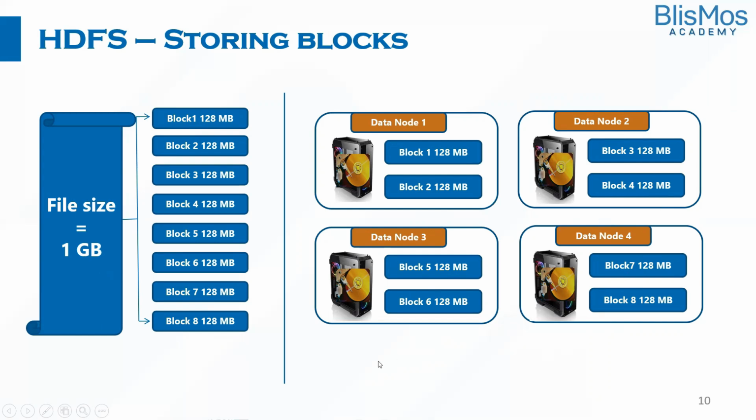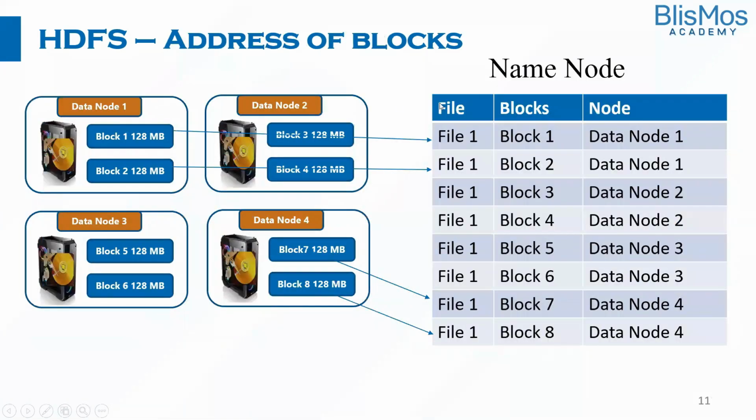It depends on how many data nodes you have. You may have 1000, you may have 2000, you may have 500. It depends on the project you are involved in. This is how the distribution of the blocks to the data nodes would happen. As we understood, what does the name node do? It stores the metadata of the file.